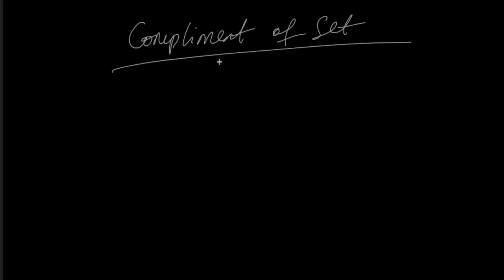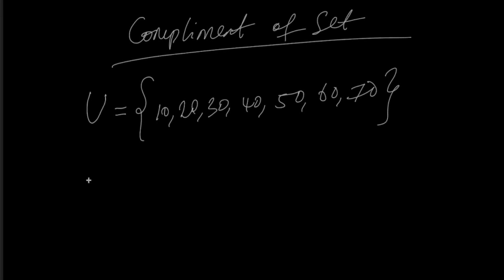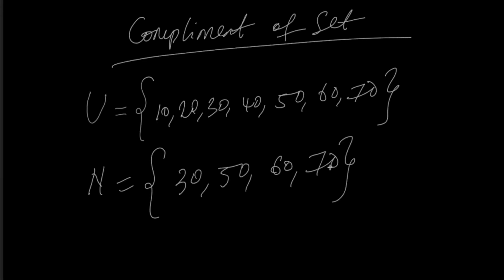The next is complement of a set. The complement of any set is all the elements outside the set but within the universal set. How do I mean? If you are given that the universal set is equal to 10, 20, 30, 40, 50, 60, 70, and you are given that N is equal to 30, 50, 60, 70, all these are in N. What are those elements in the universal set but not in N?